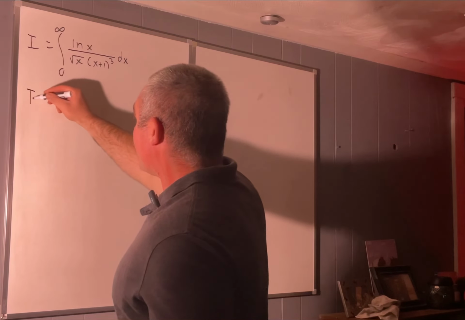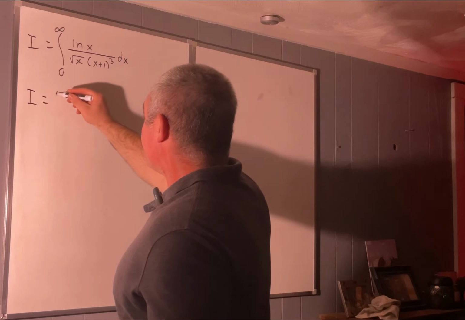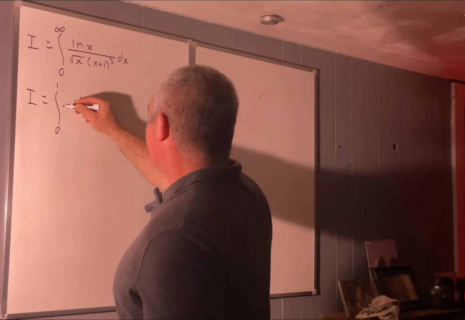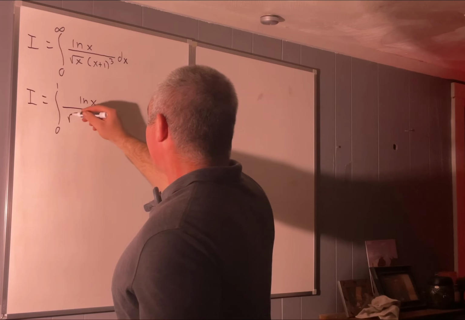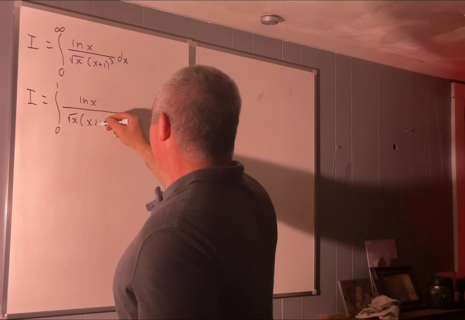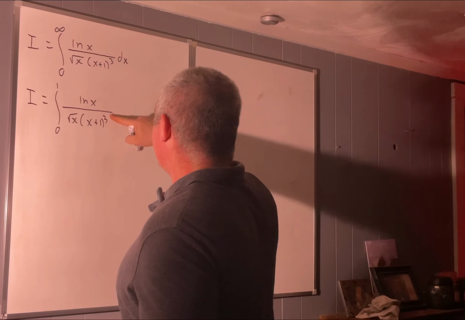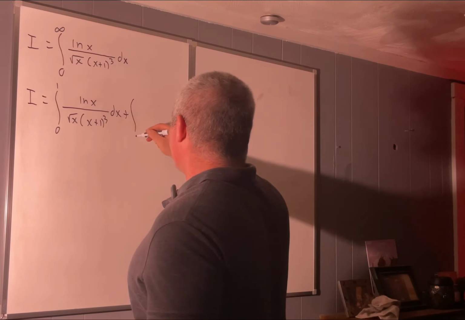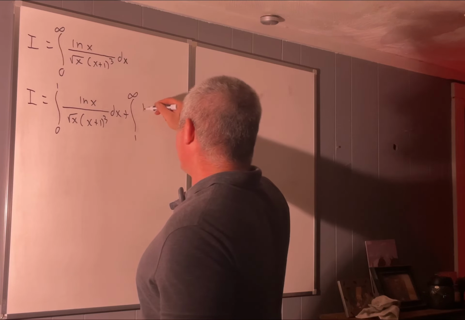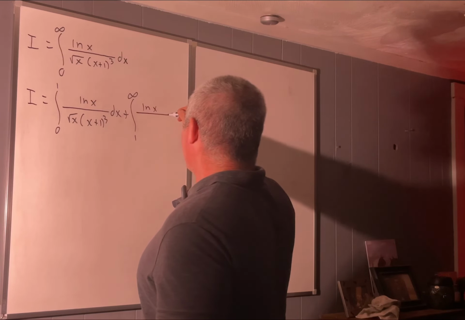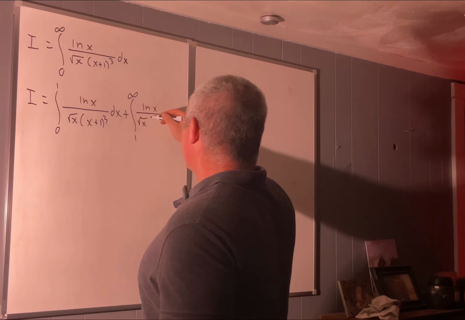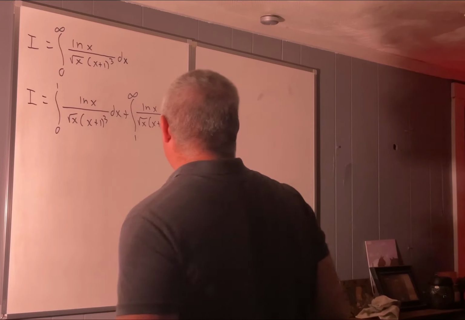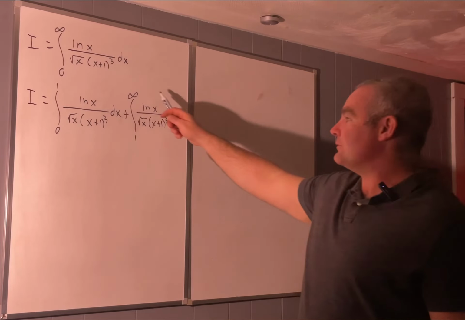So that will give us I is equal to the integral from 0 to 1 of natural log x over (square root of x plus 1) cubed dx, plus the integral from 1 to infinity of natural log x over (square root of x plus 1) cubed dx.